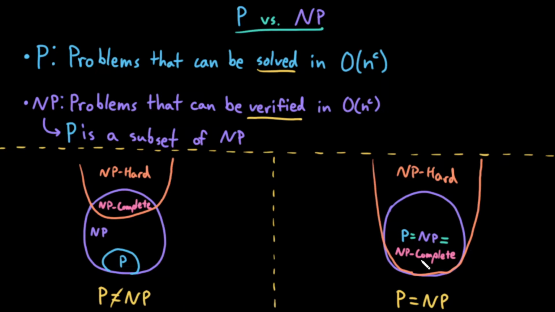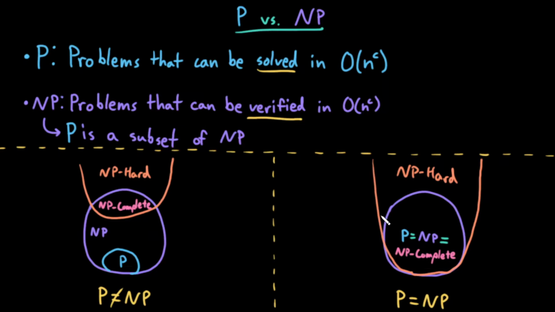And by definition, because it's the intersection of NP and NP hard, it's also equal to NP complete. And then NP hard consists of any problem in NP or anything harder than NP. So it's the problems that are at least as hard as the hardest problem in NP.